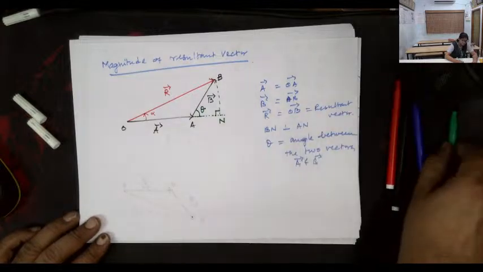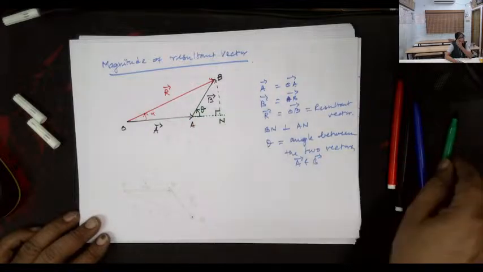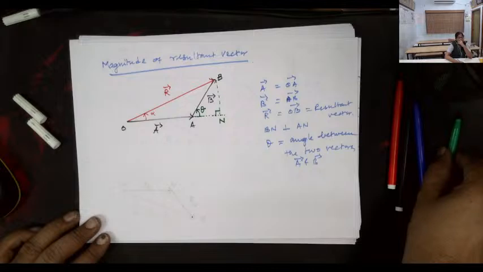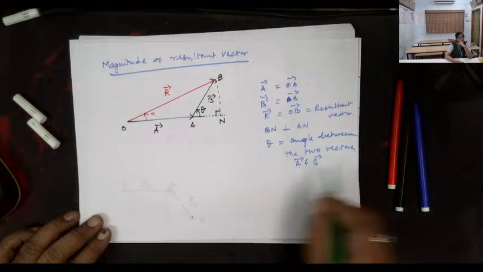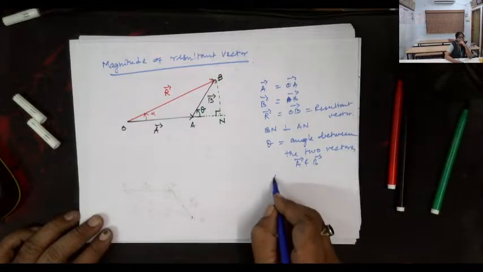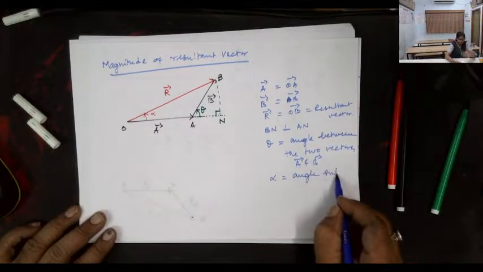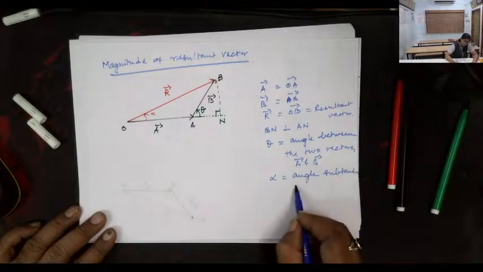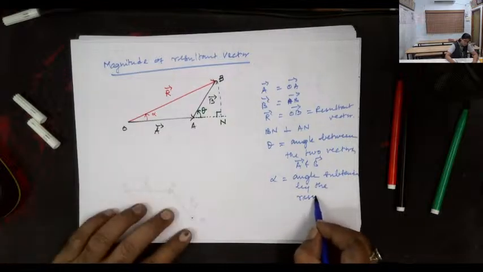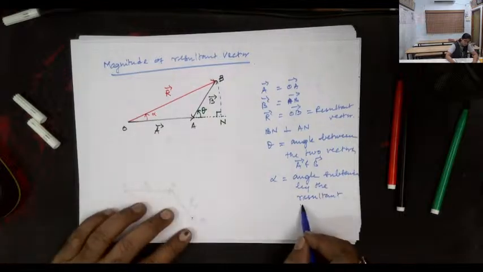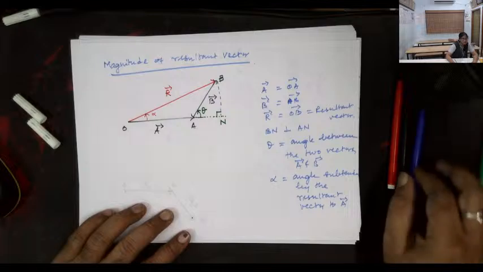And this angle is theta. Okay? Even for the angle we had to represent by arrow mark. So what is this alpha? It is the angle subtended by the resultant vector to vector A, right?